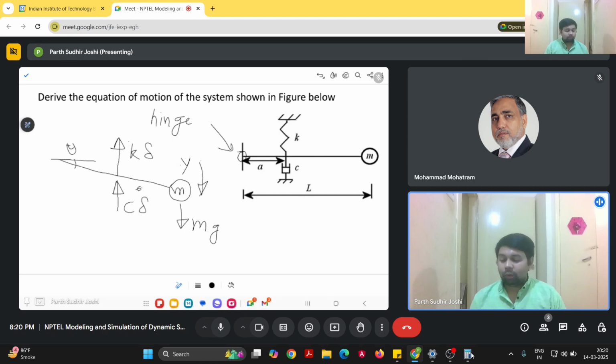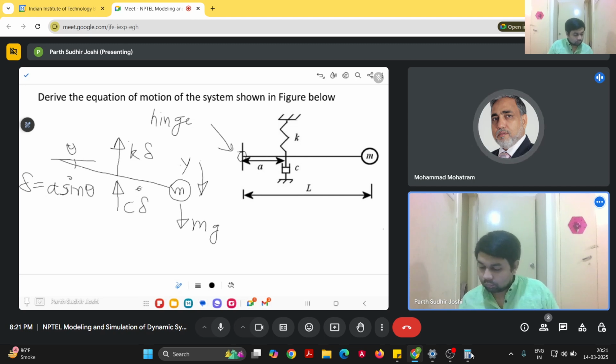From basic trigonometry we know that this value delta is nearly equal to a sine theta, and the velocity of this point will be a cos theta.